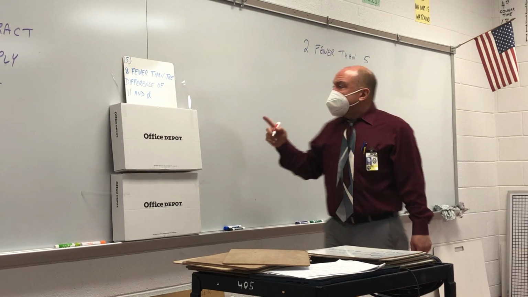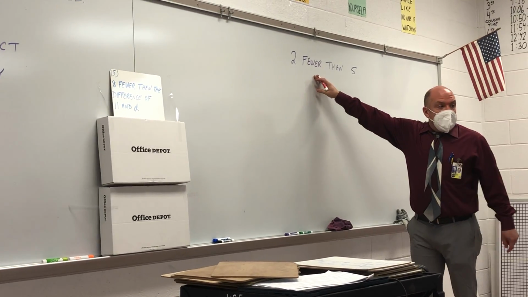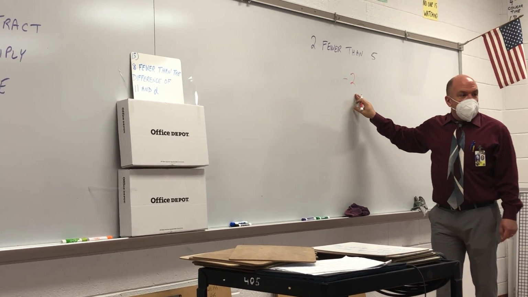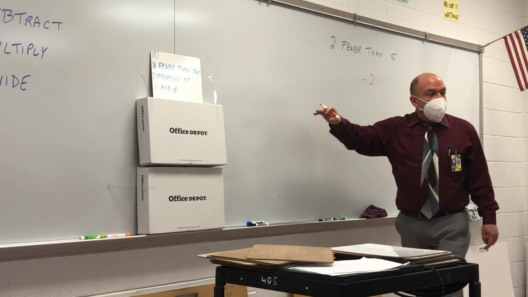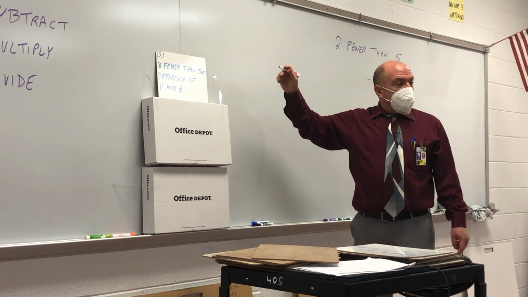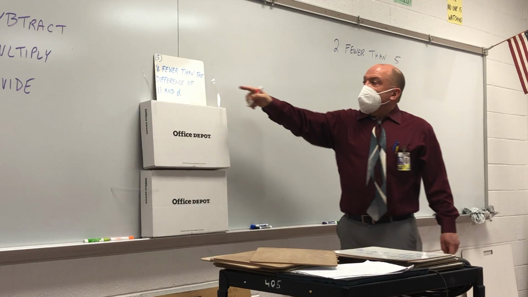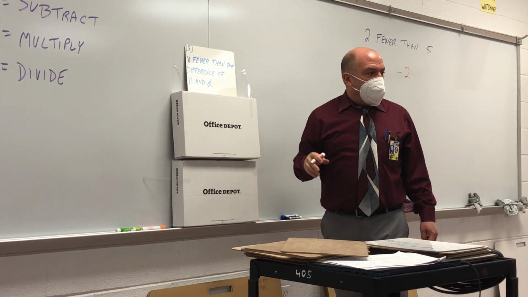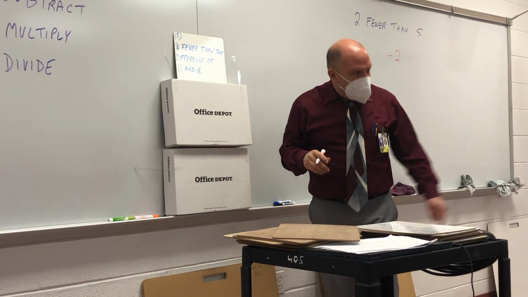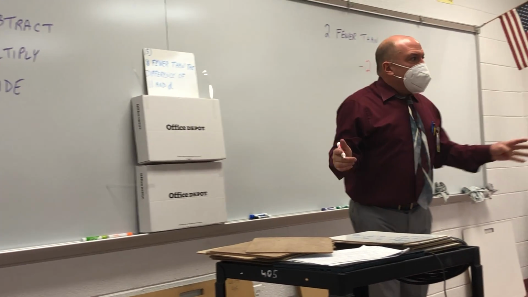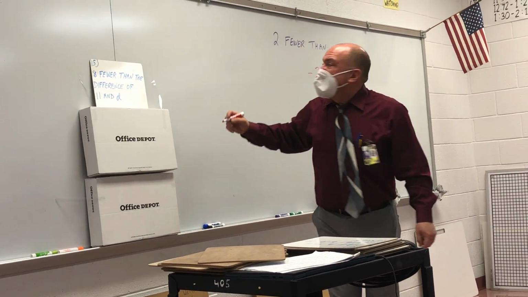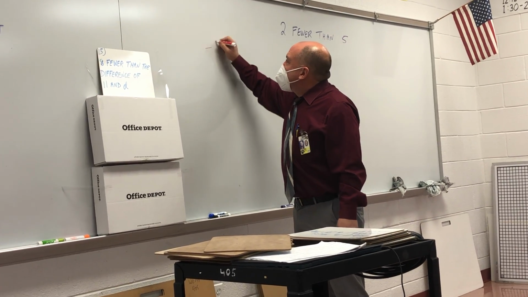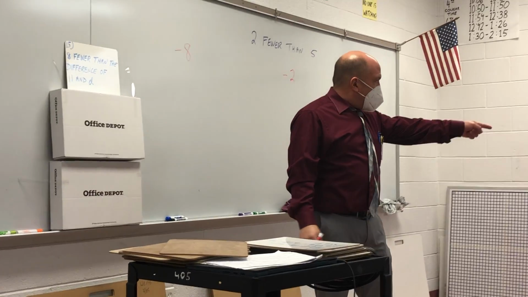Don't worry about the rest, I'm talking about 8 fewer. That's the only thing I want to do right now. Something minus 8. Is everyone good with that? 8 fewer means something minus 8. Are we good? Can I have a nod? Good?